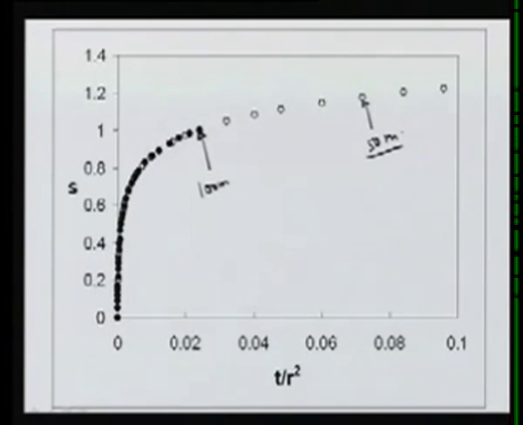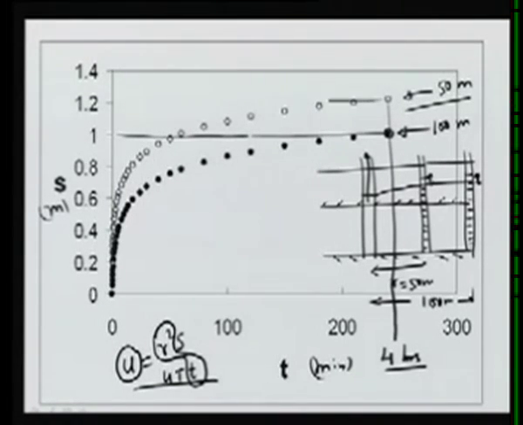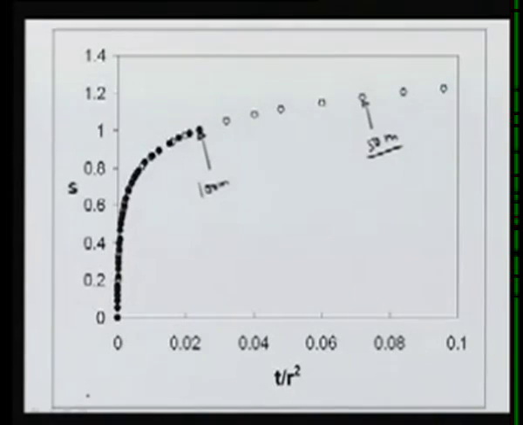We can see also that at the end of 4 hours, which is 240 minutes, the drawdown in the well at 100 meters is about 1 meter, and the drawdown in the well at 50 meters is about 1.2 meters. So the combined curve shows the same thing.